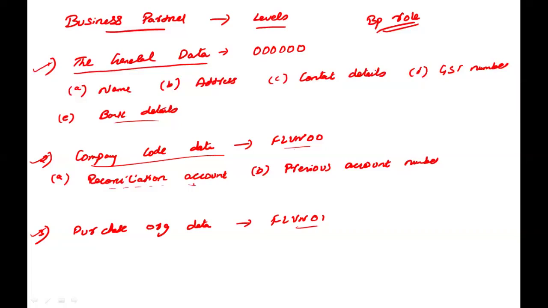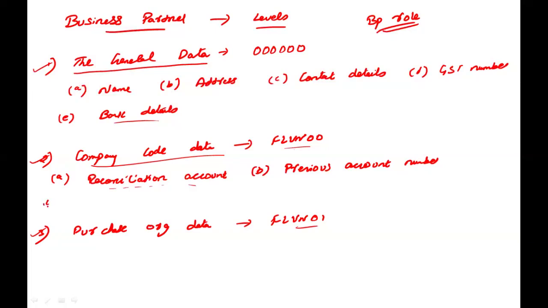They were using Tally or they were using Excel. So they were using other software, and when they were using that software, they used to have another account. So just for reference purposes, you can maintain that account number in this field, which is previous account number, just for reference.